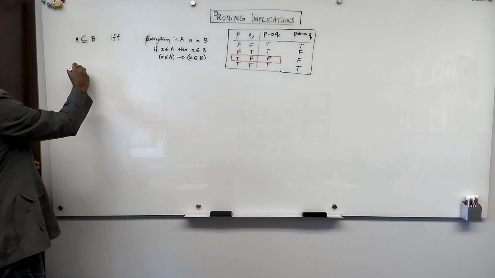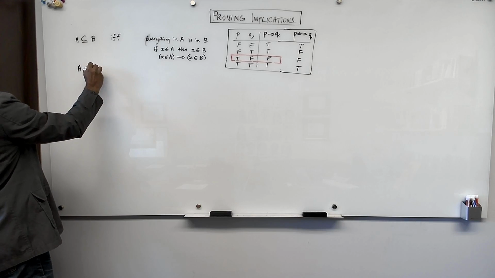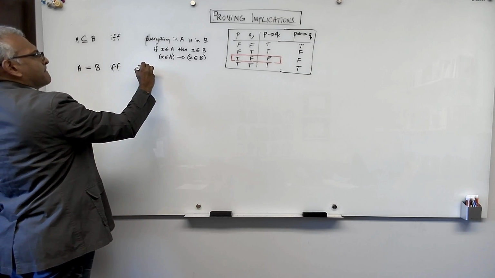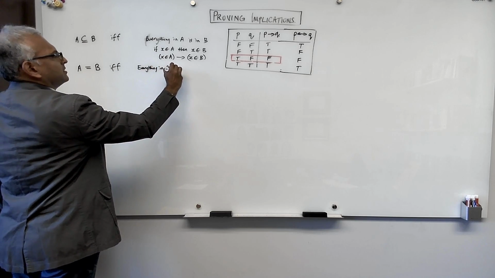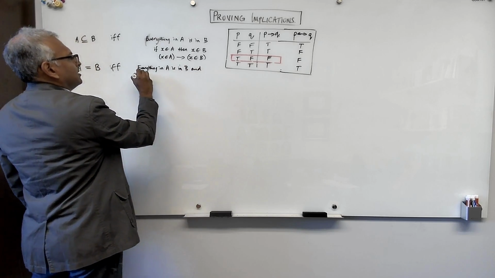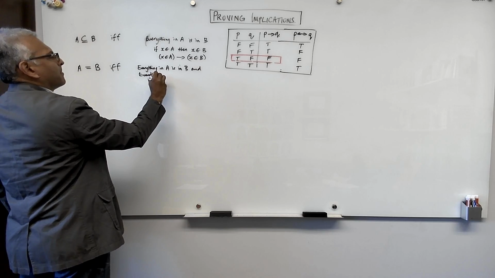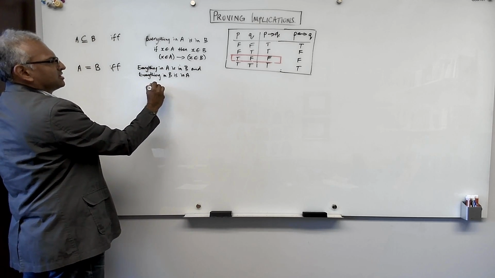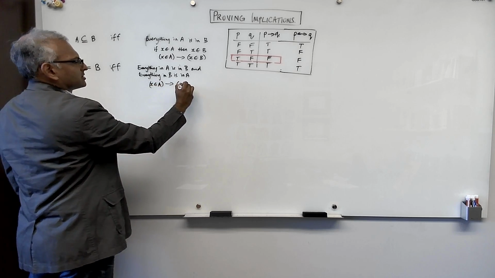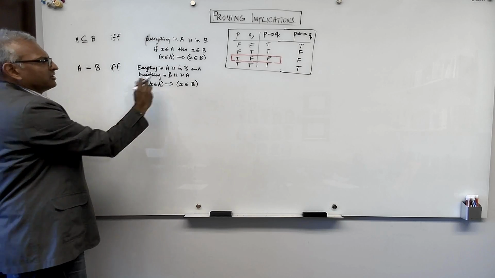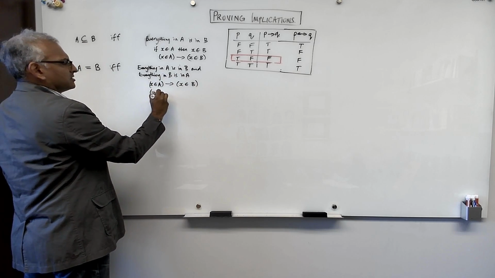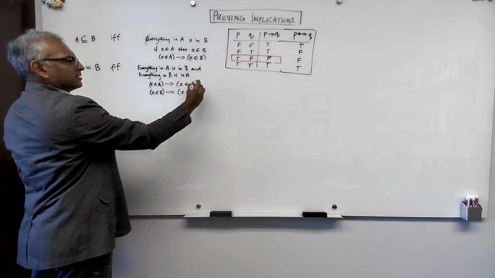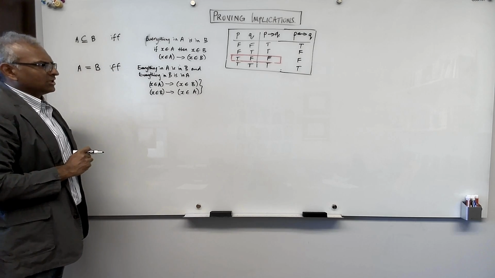Now, here's another definition. The set A is equal to the set B if and only if, so it's equivalent to saying that everything in A is in B and everything in B is in A. Everything in A is in B says that X is in A implies that X is in B. Everything in B is in A is the same as saying X is in B implies that X is in A. Together, we have this if and only if, this equivalence symbol.